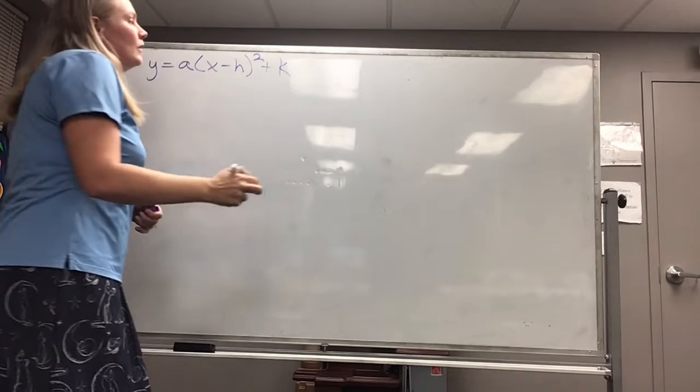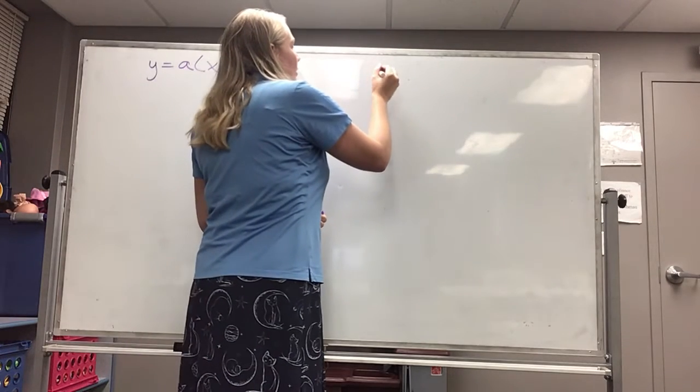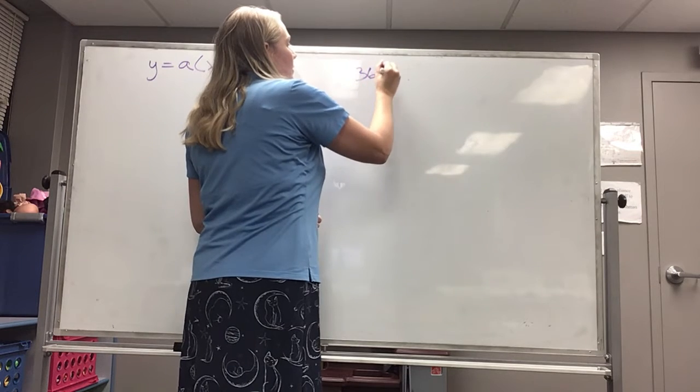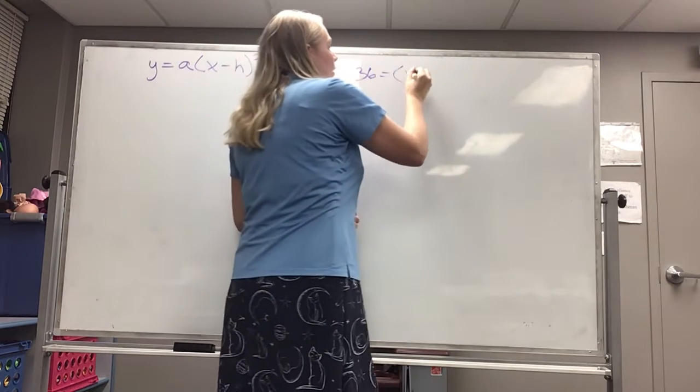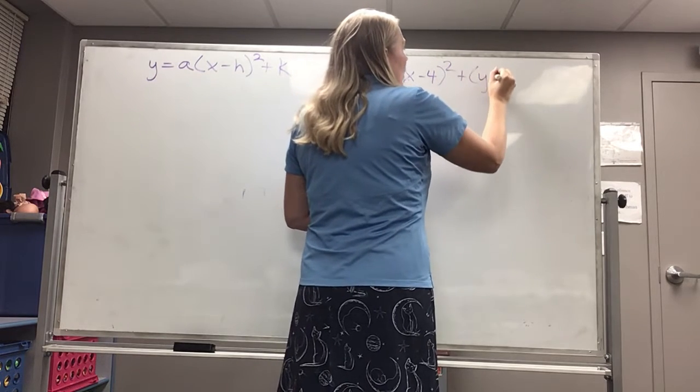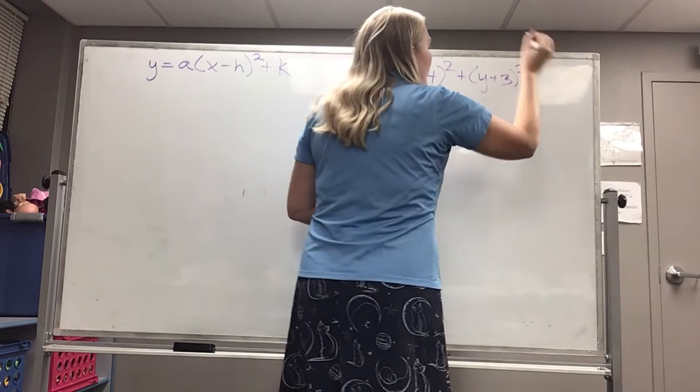For a circle, it's going to look something like 36 equals x minus 4 squared plus y plus 3 squared.